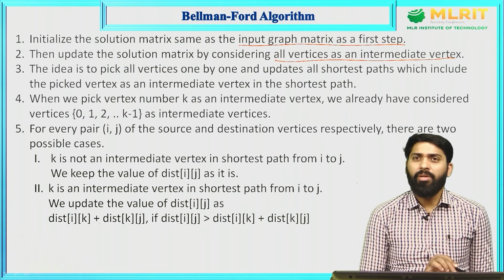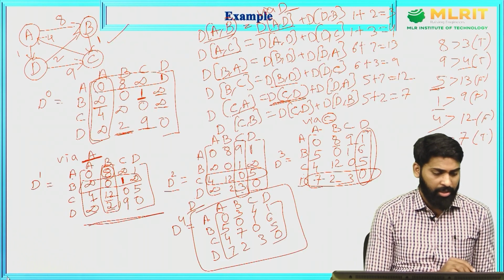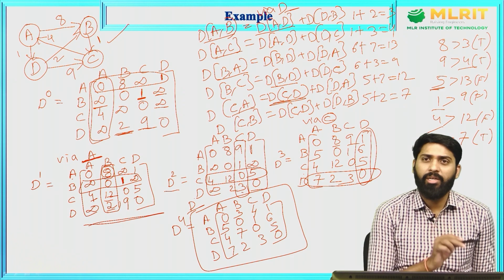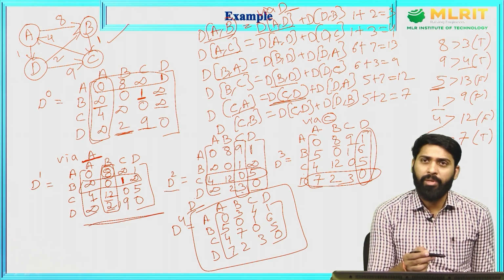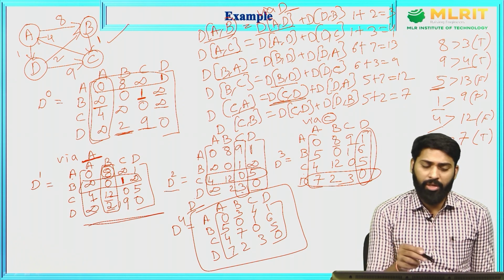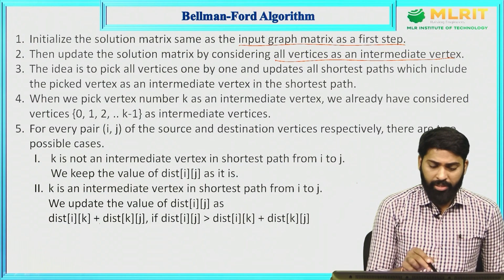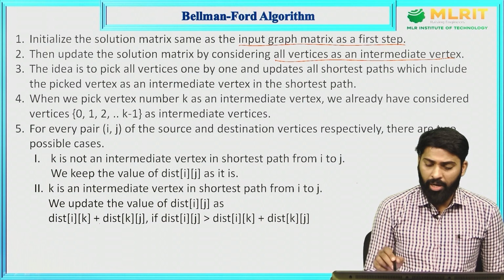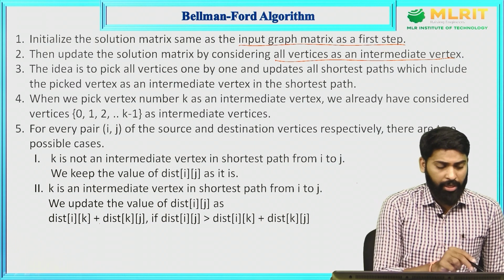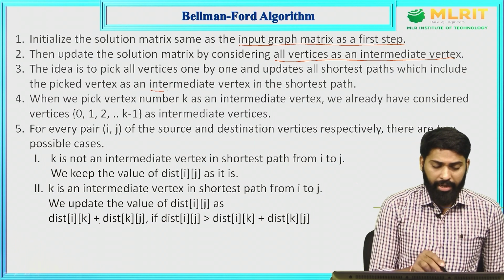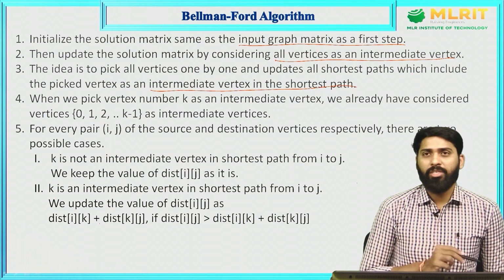In our example, in first iteration I consider A as an intermediate vertex, in second iteration B, in third iteration C, in fourth iteration D. So the idea is to pick all the vertices one by one and update all shortest paths which include the picked vertex as an intermediate vertex in the shortest path.